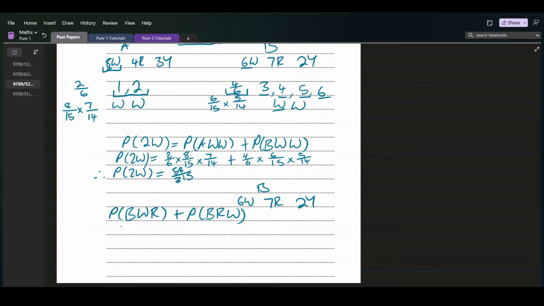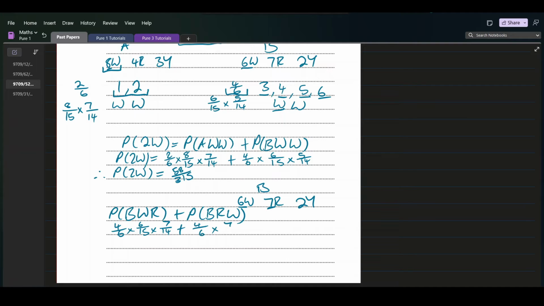So that would be the probability of picking bag B, we say that's 4 over 6 times W being white, we have 6 of them, so that's 6 out of 15. And then only 14 total marbles will remain since it's sampling without replacement. And then how many reds do we have? We've got 7. And then the other scenario where it's bag B, red, then white.